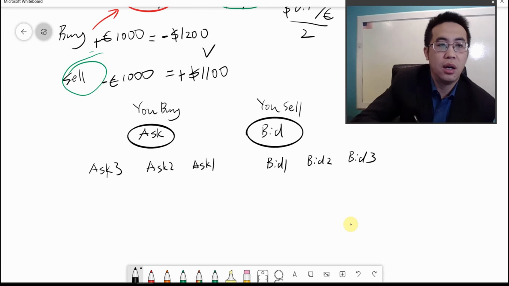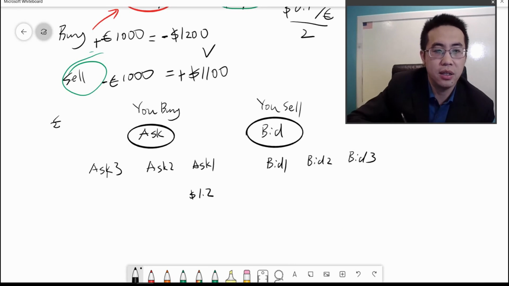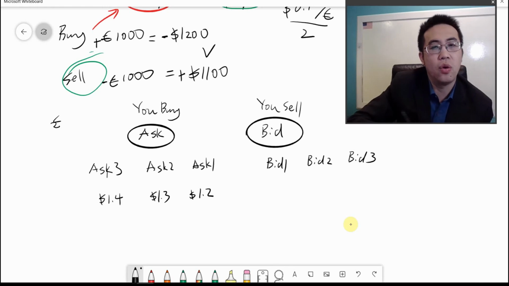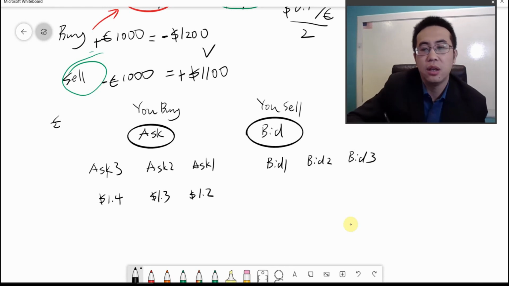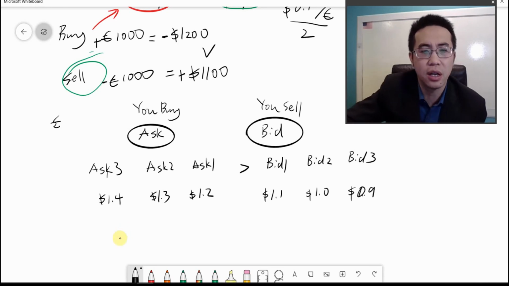For pound, the first bank here is $1.2 per pound, the second bank is $1.3 per pound, and the third bank is 1.4. And for the bid, ask is always greater than the bid, so the bid here is 1.1, 1.0, and 0.9.